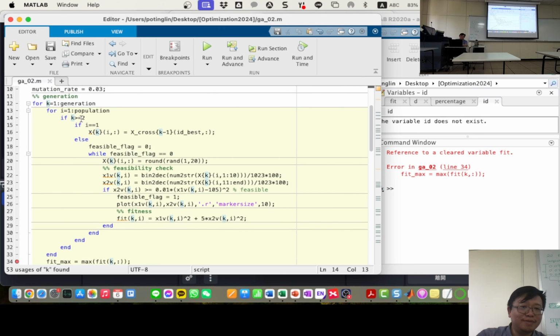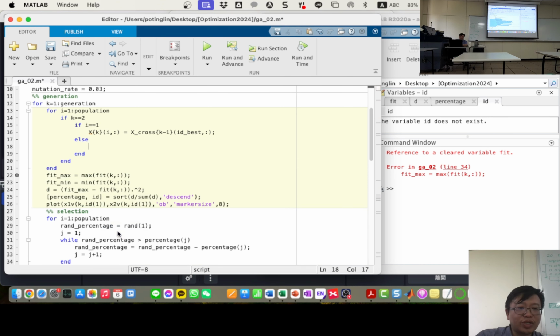Sorry. When k equals 1, we still need to do this. So I should, we always do this.